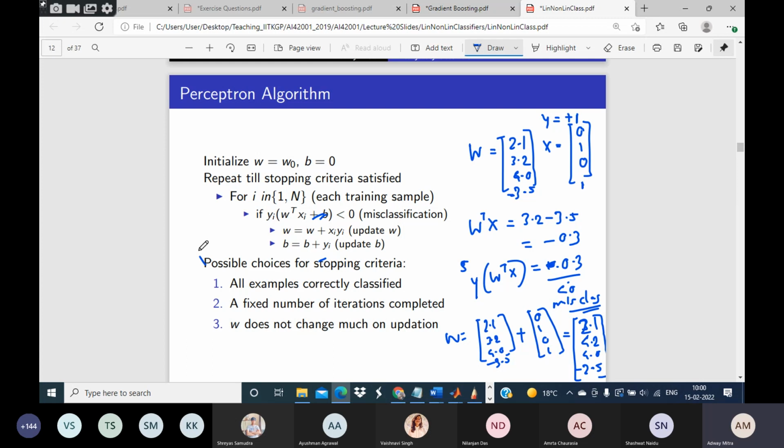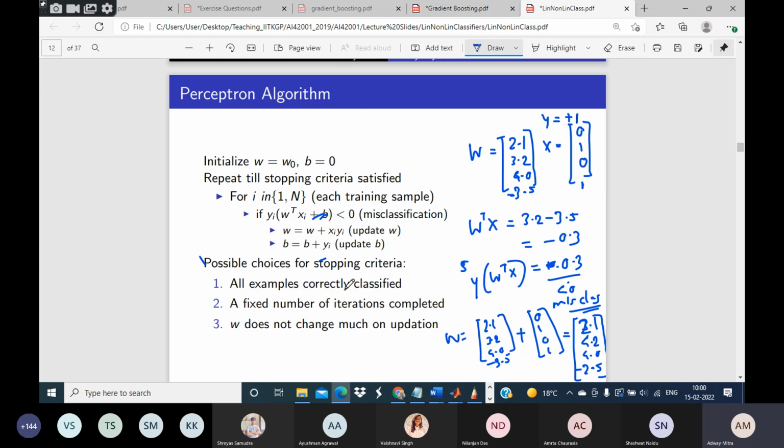You keep on repeating over all the points until any of the following stopping criteria are satisfied. Either all the examples are correctly classified in a single pass. That is, you have found a value of W with which all the points are correctly classified.